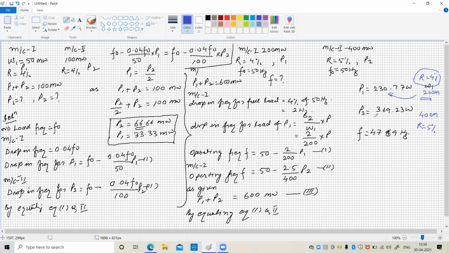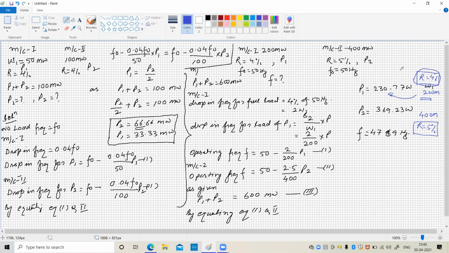See here, the speed regulation or frequency regulation or drooping characteristic of the prime mover is 5%, so it will share less power. The machine whose drooping characteristic is only 4% will share more power.